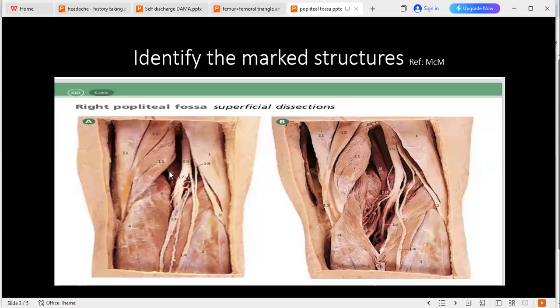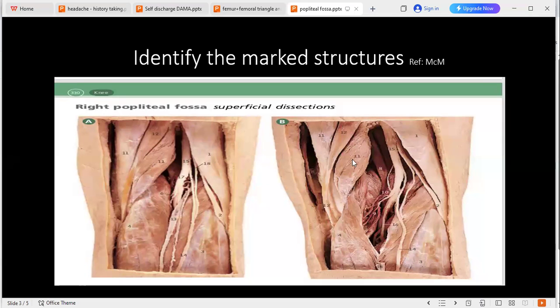Yes, and 11. Semimembranosus. Okay, please identify number 1 here. Biceps femoris. How many heads does biceps femoris have? Two heads, long head and short head.